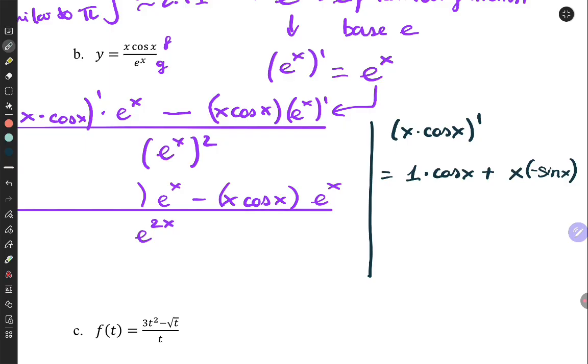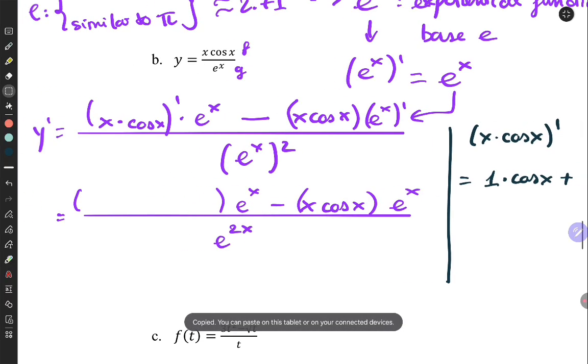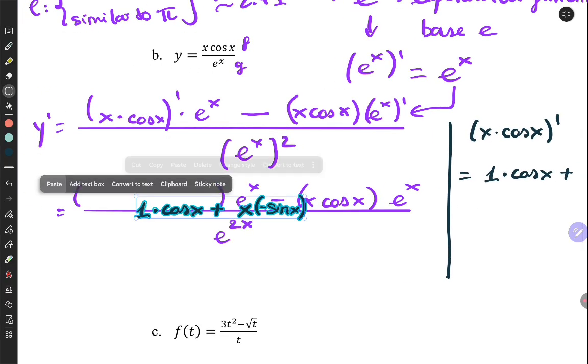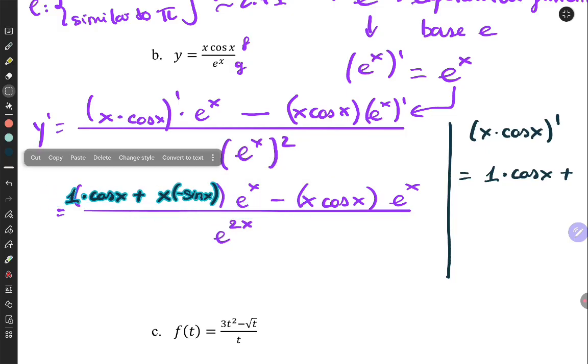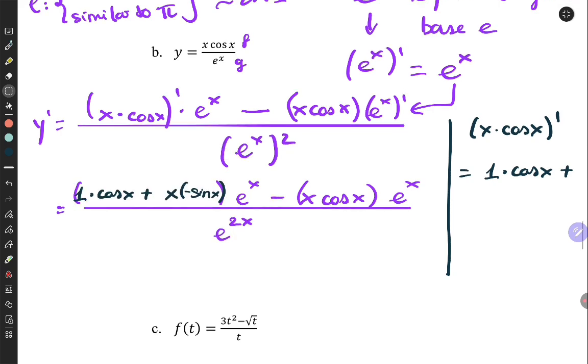Right? Product rule. Literally copy, paste that inside. Zoom it down a little bit. Snug that in there. Nice and easy. There you go.